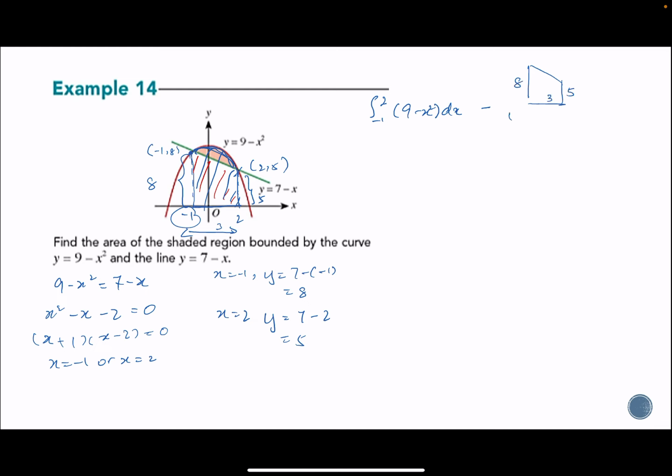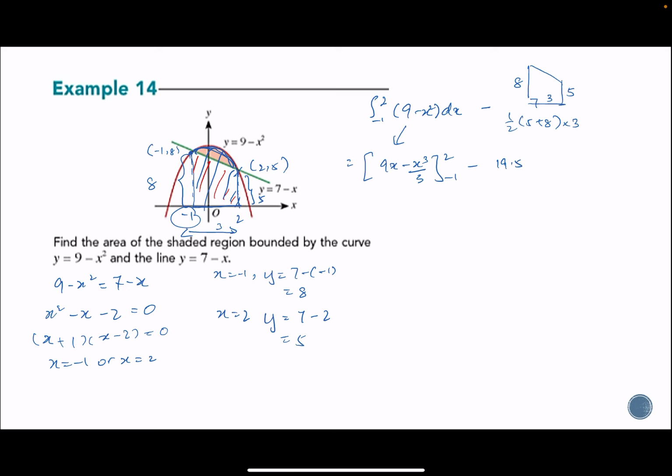So trapezium is half times a plus b times height, the perpendicular height, which is down here. So this is what we're going to have. If you do your integration, this is what you're going to get: 9x minus x cubed over 3, from negative 1 to 2. You calculate the trapezium, you should be able to get it as 19.5.